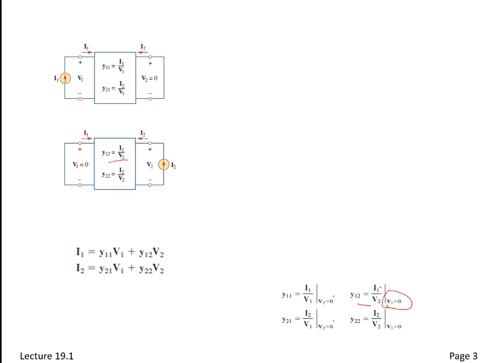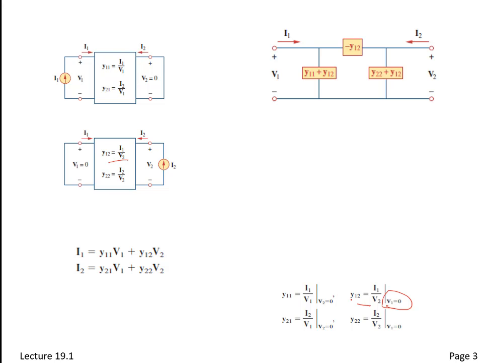If I'm finding a value versus V2, I want to find it when V1 is 0, so that means I'm going to short circuit it. So this is referring, of course, to this case right here. That one.